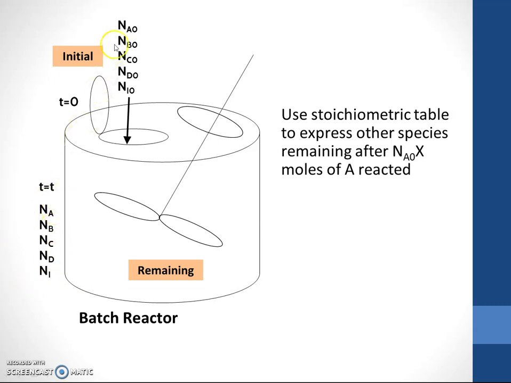This is the important symbol notation that we are going to use in the stoichiometric table. So use the stoichiometric table to express the other species remaining after Na naught X moles of A reactant, where Na naught X is how much of A has been consumed. So please remember the equations.